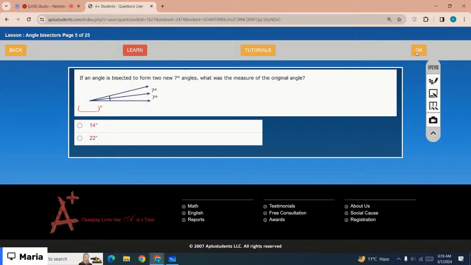Yes, that is 14 degrees, right? The correct option is 14 degrees.